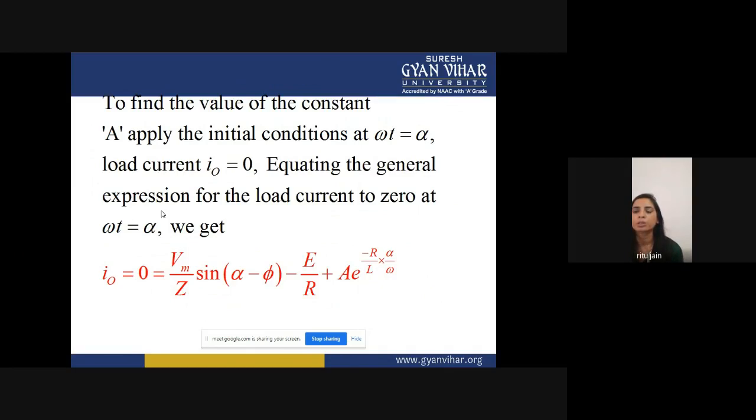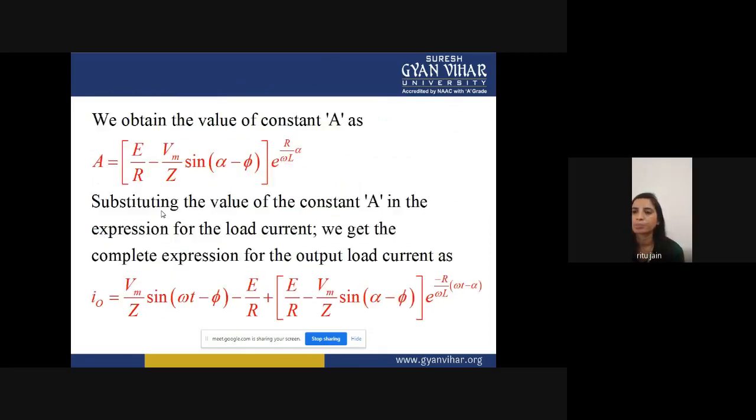At omega t equal to alpha, we get 0 equal to Vm upon Z sin alpha minus phi, minus E by R, plus A e to the power minus R by L into alpha upon omega. So we obtain the value of constant A as A is equal to E by R minus Vm upon Z sin alpha minus phi, times e to the power R upon L omega into alpha.